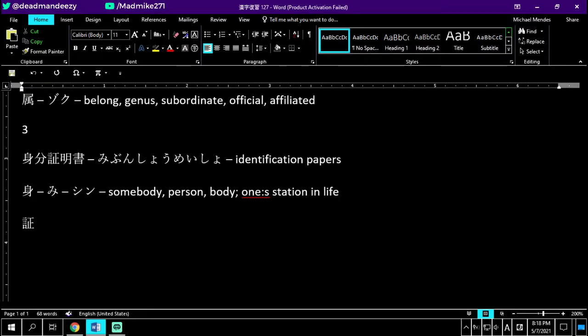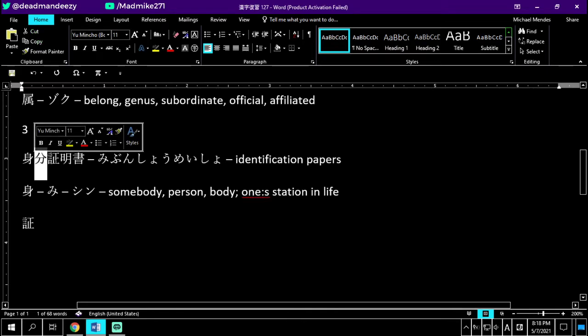Mi or shin. Somebody, therefore the need for identification, identifying that somebody. Mibun. Bun is part, or a little bit of.